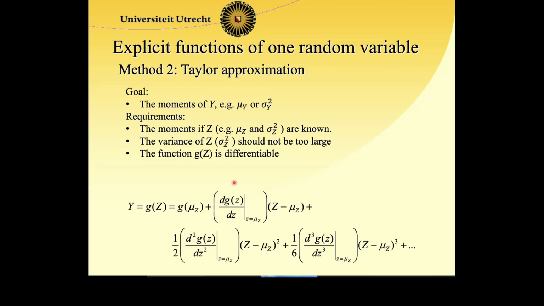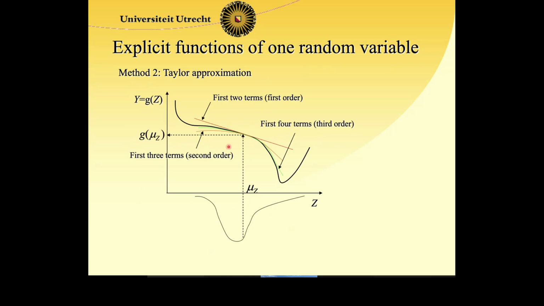And what I'm going to show you is that we can approximate the mean and the variance of y using this approximation of the function g of z, retaining one or two or three of these terms. This is more easily seen graphically.